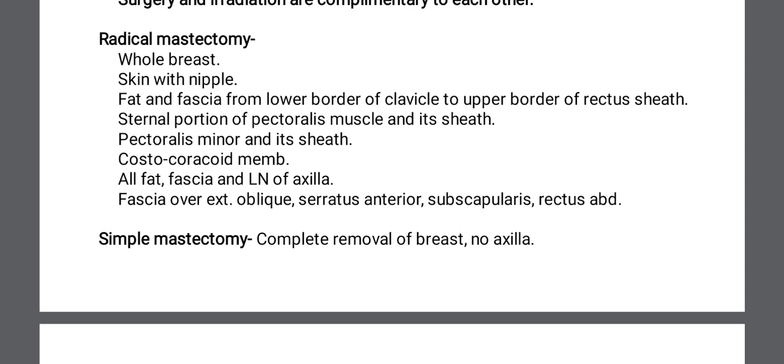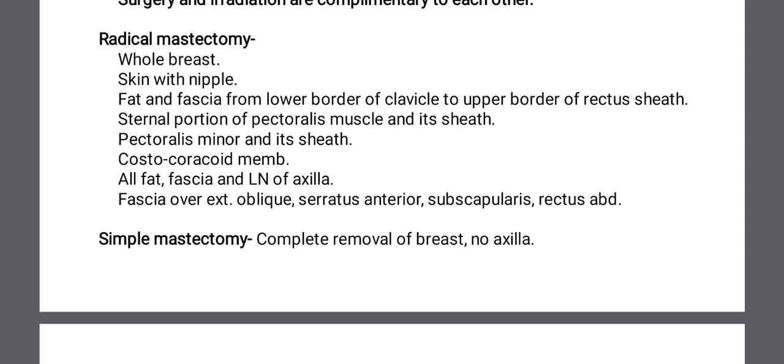After simple mastectomy, radiotherapy to the axilla may be indicated. After radical mastectomy, the axilla does not require irradiation, which is usually confined to those lymph node areas not included in the standard surgical field, that is internal mammary and supraclavicular lymph nodes.